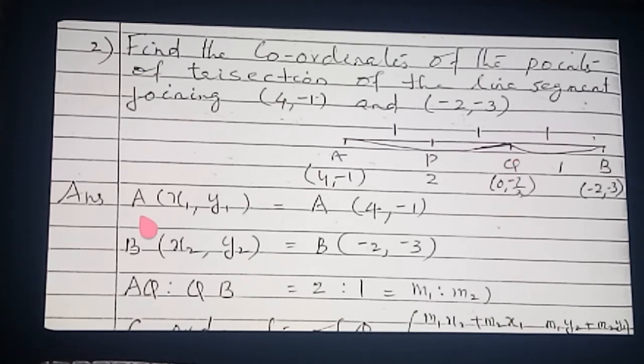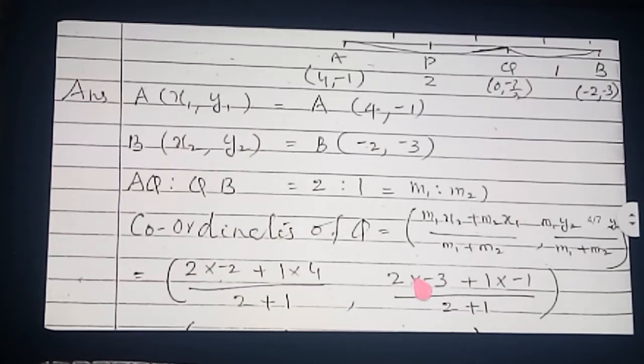So here, listen: A(x1, y1) is (4, -1) and B(x2, y2) is (-2, -3), and the ratio AQ:QB I took as 2:1, that is m1:m2. Okay. So apply the formula as usual. In the formula, apply by yourself. What will come? 2 into -2 plus 1 into 4, divided by 2 plus 1.